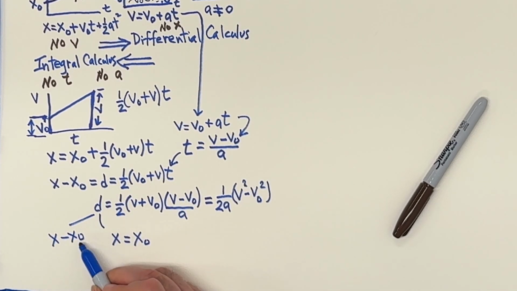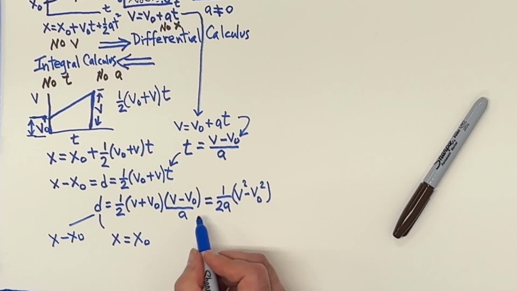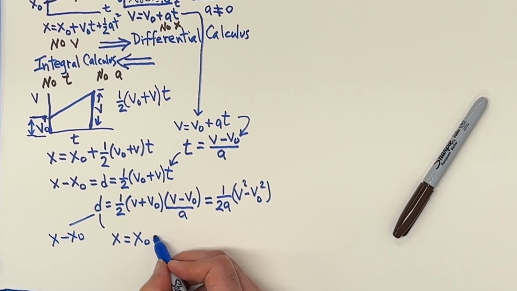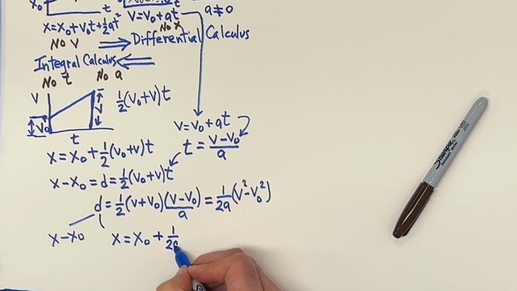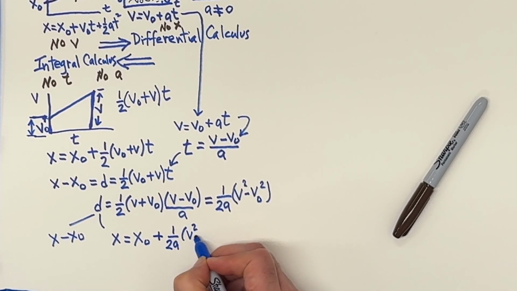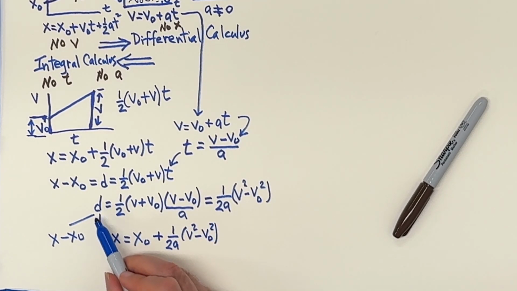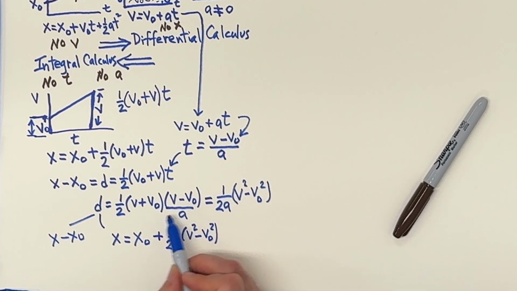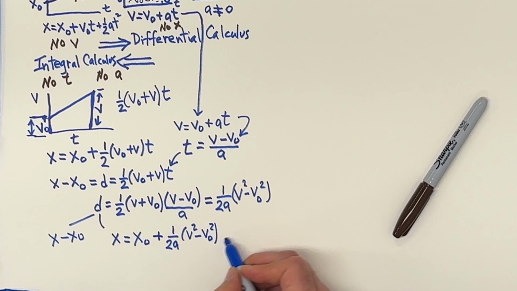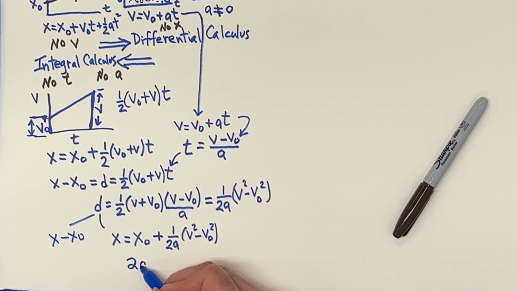So I can then bring the x naught to the other side of the equation and have then plus 1 over 2a. But you know, I don't like this form. I really like this d. So I would take this 2a and hit it with that d and wind up with 2ad equals v squared minus v naught squared. I like this. It's easy to remember.